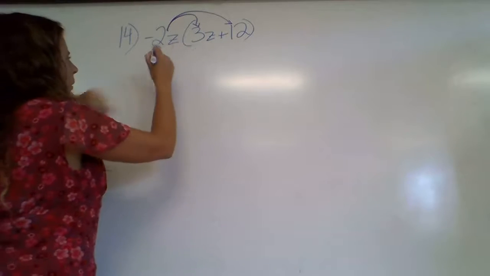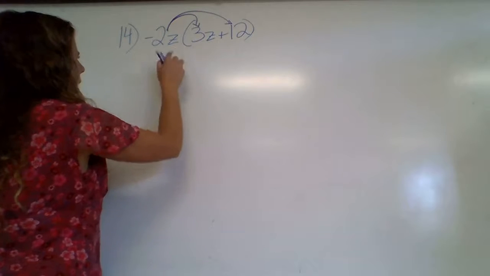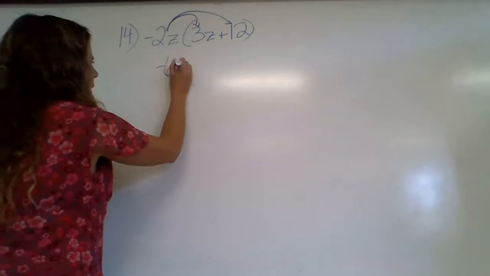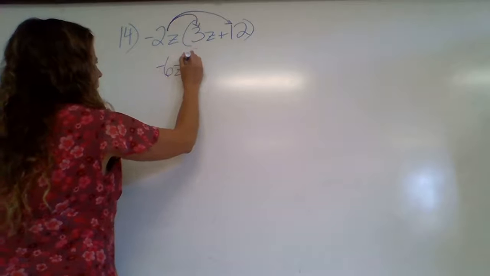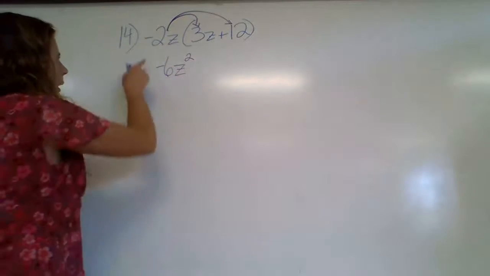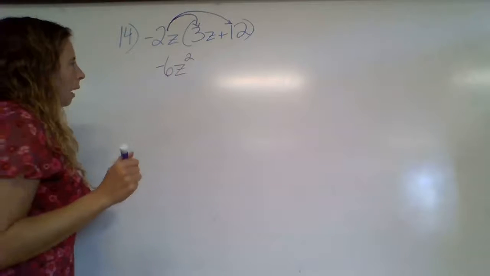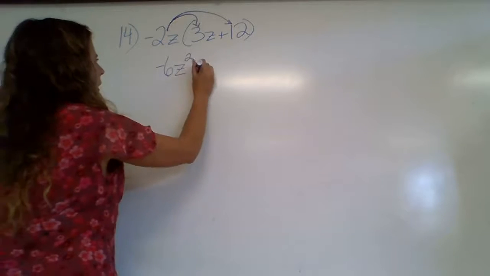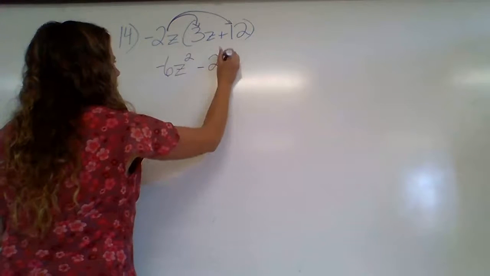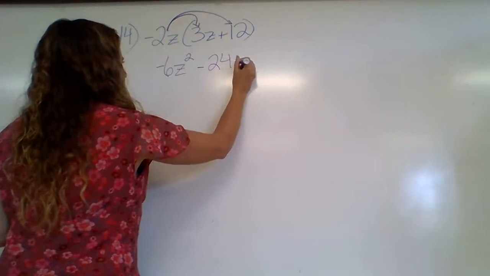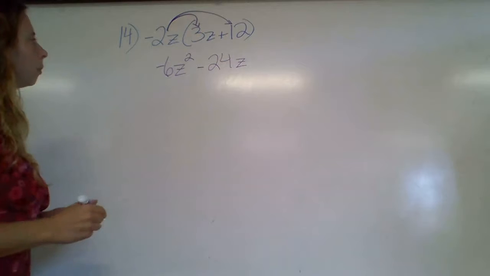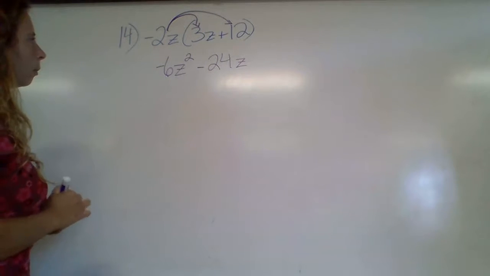Negative 2 times 3 is negative 6. And then z times z, z squared. Negative 2z times 12. A negative times a positive is a negative, negative 24z. There you go.